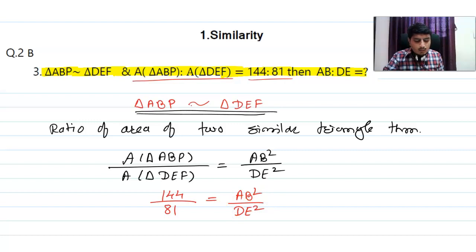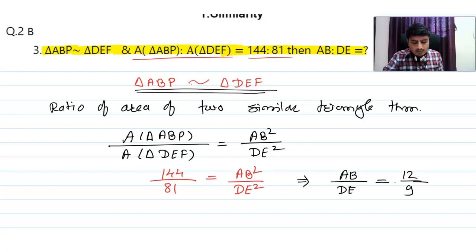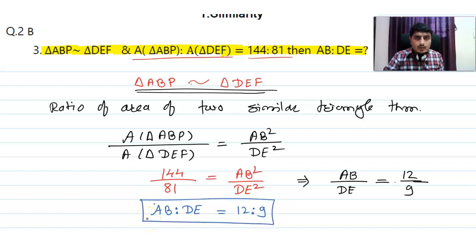Now to evaluate the ratio of corresponding sides of similar triangles, we take the square root on both sides. The square root of AB square is AB, the square root of DE square is DE, equal to the square root of 144, which is 12, and the square root of 81, which is 9. So AB is to DE is equal to 12 by 9, that means 12 is to 9. Hence we have our third question.